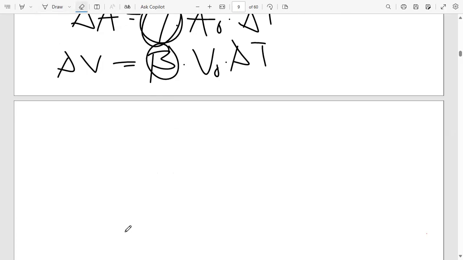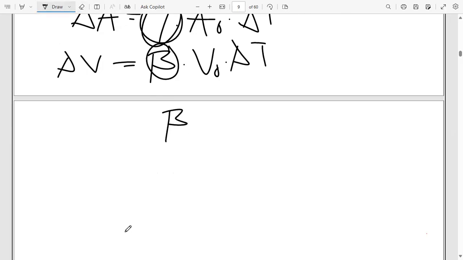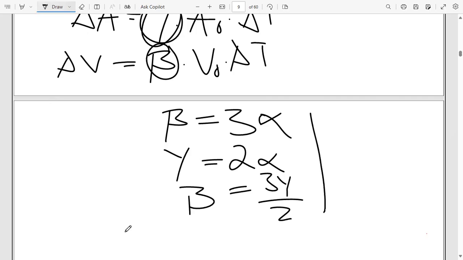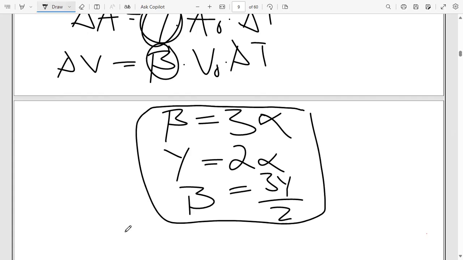Let me say beta is equal to 3 times alpha, like this. Whilst gamma is equal to 2 times alpha, like this. That means beta can also be equal to 3 gamma divided by 2. So this is the relationship between the coefficients, just like that.